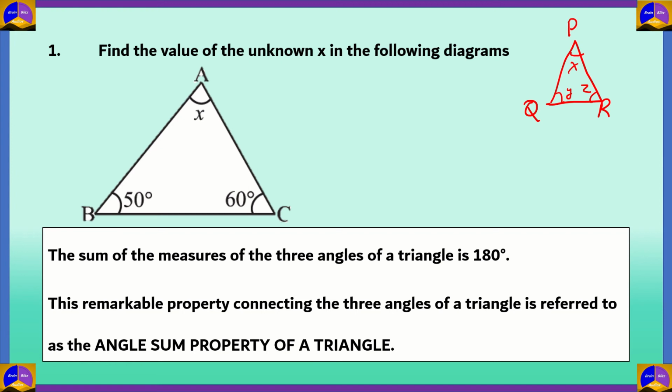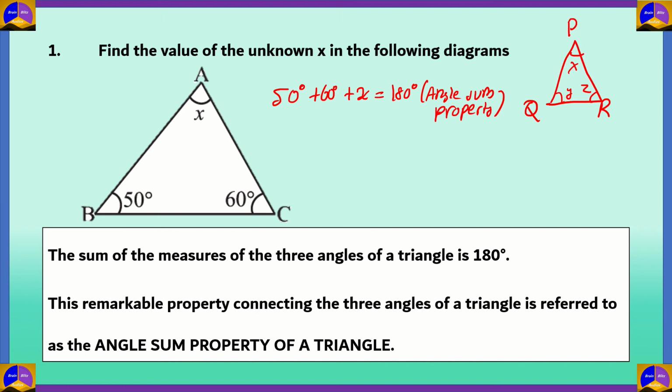If we look at the diagram, we can see the interior angles are 50 degrees, 60 degrees, and x. So 50 degrees plus 60 degrees plus x would be equal to 180 degrees. Reason: angle sum property.